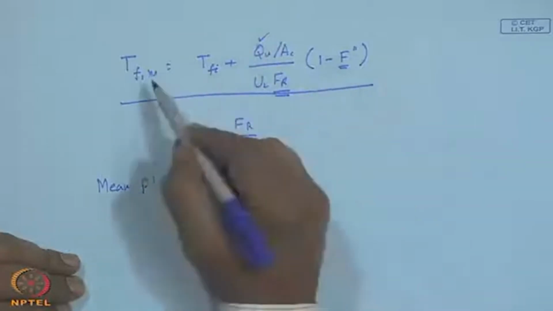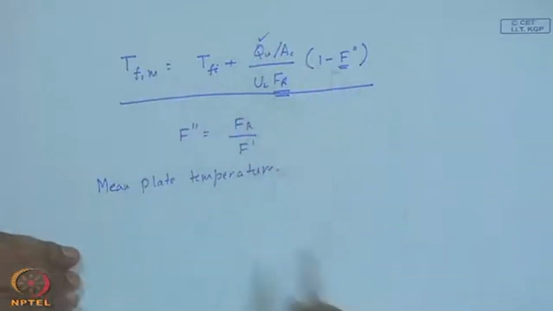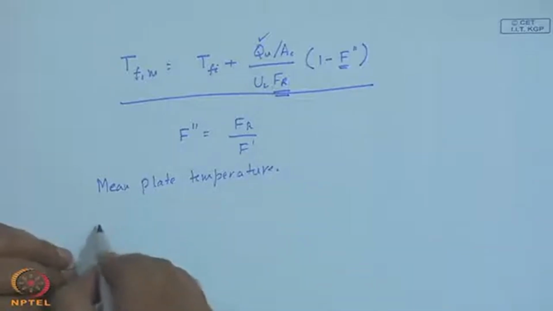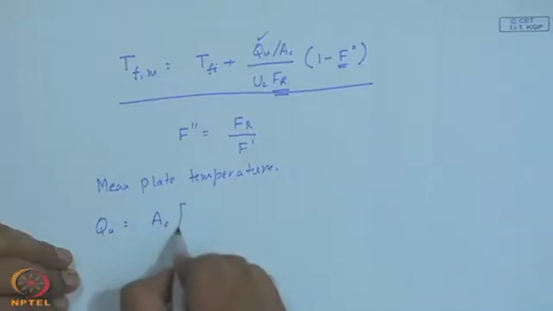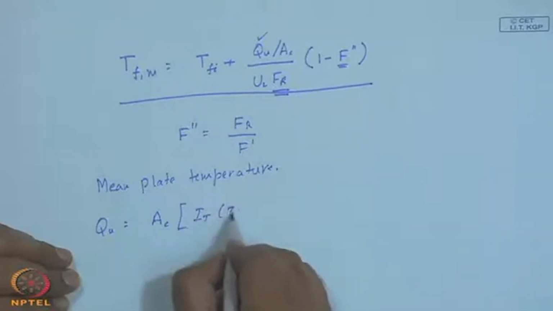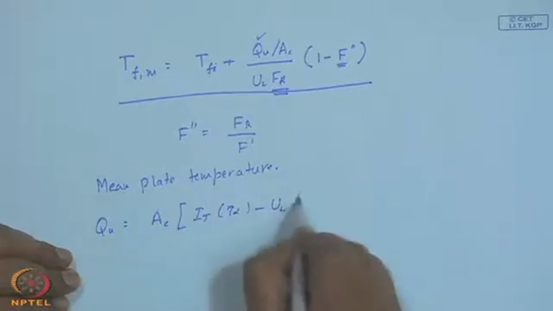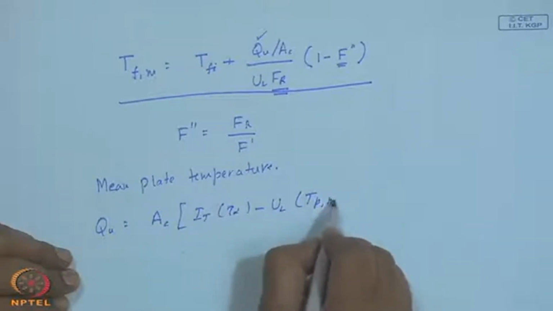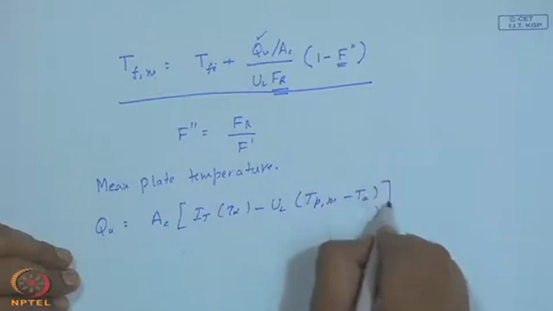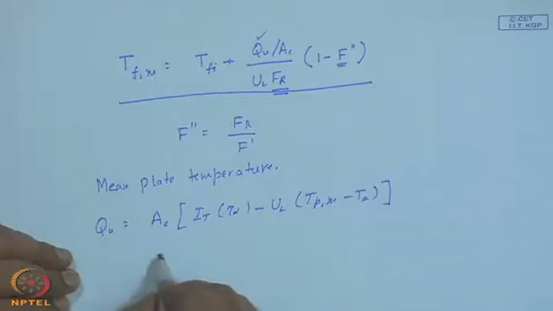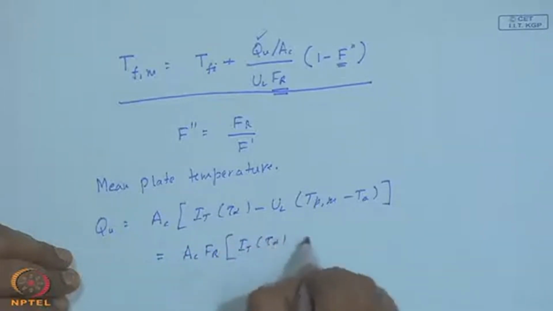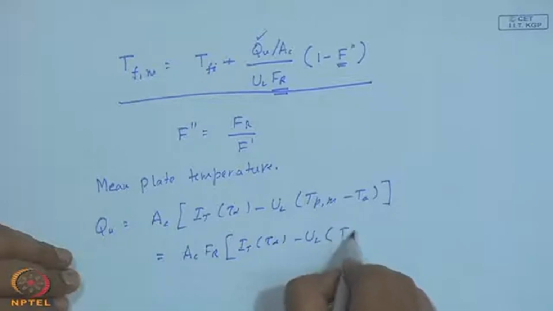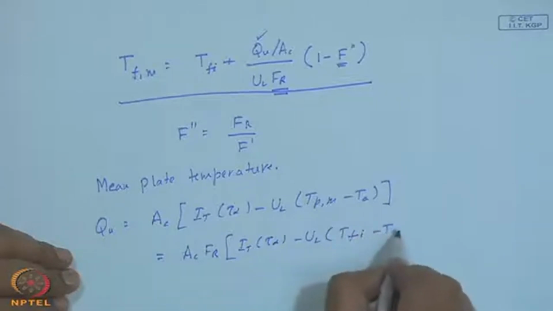If you know Q u, you can calculate the mean fluid temperature, and Q u is in terms of the mean plate temperature: I T tau alpha minus U L into (T P M minus T A), that should be equal to A C F R into (I T tau alpha minus U L into (T F I minus T A)).